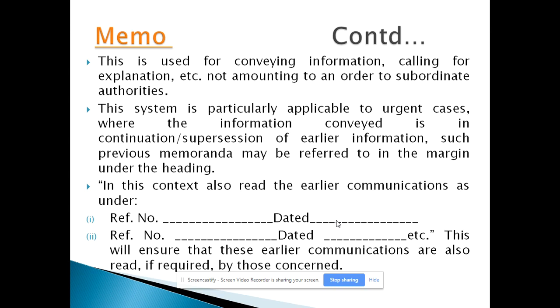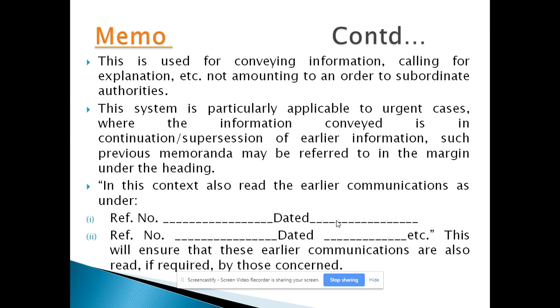Amounting to an order to subordinate authorities, this system is particularly applicable to urgent cases where the information conveyed is in continuous supersession of earlier information. Such previous memoranda may be referred to in the margin under the heading: in this context, also read the earlier communication as under.